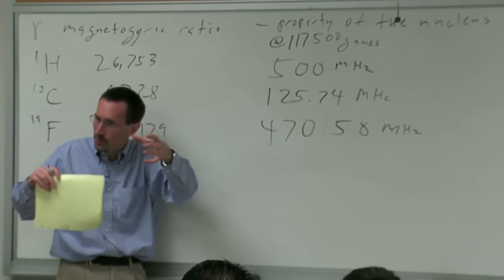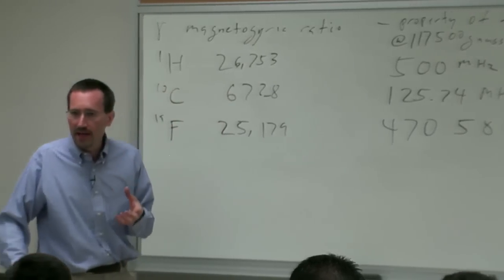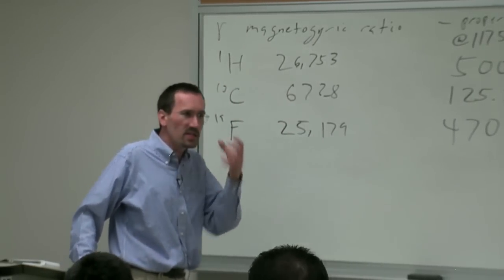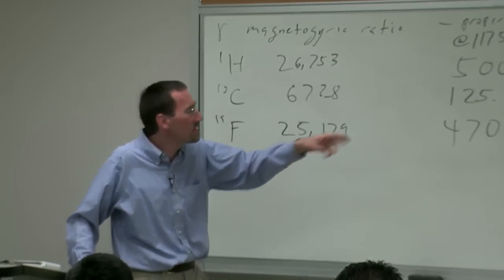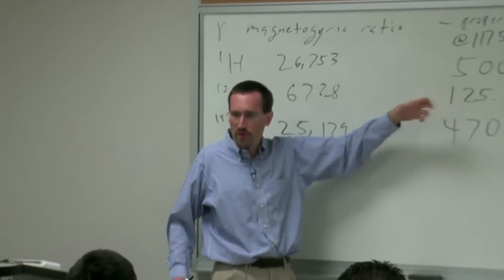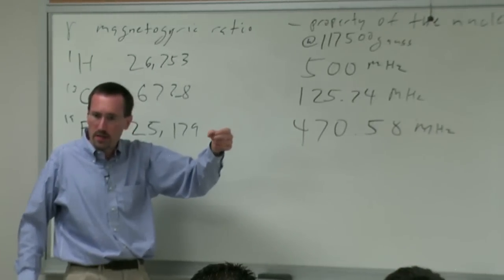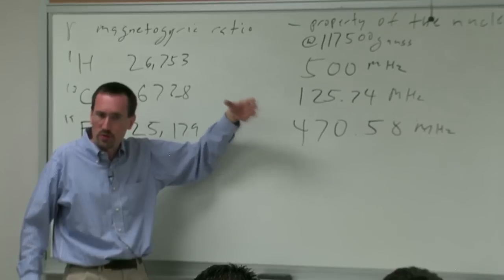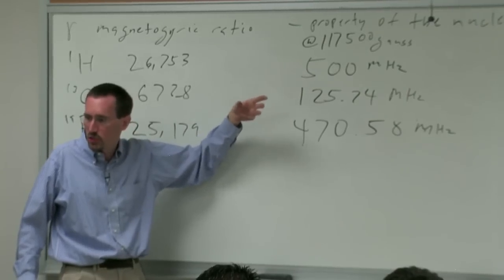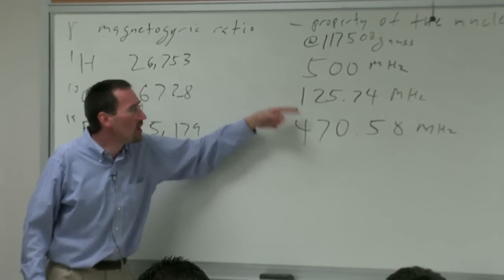Conversely, if you find that Phil Dennison has put a broadband probe in the spectrometer where the nucleus at the lower frequency is inside in the coil, you may find that the proton NMR it collects is not as good, or is not as sensitive, or is not as sharp and well shimmed because the coil is further out.